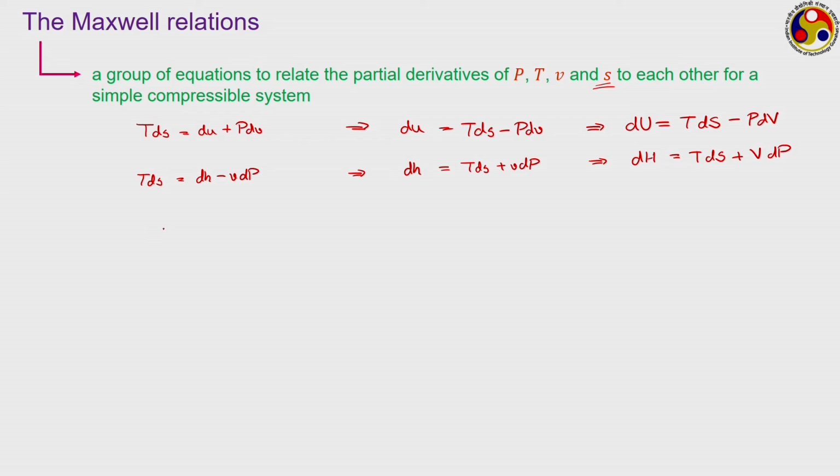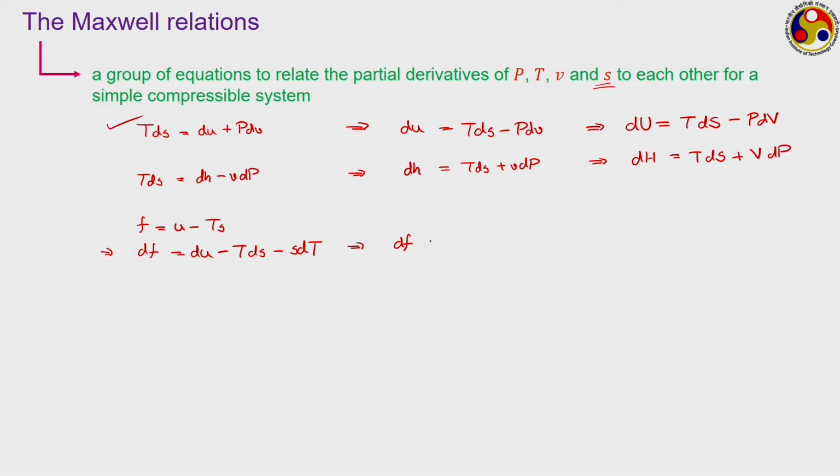Now, let me use the definition of the Helmholtz energy. What was your definition for Helmholtz energy? You had f equal to u minus Ts, that is df equal to du minus Tds minus s dT. Now, du minus Tds we can take from this equation. Actually, I am more comfortable writing this as A, but we are using F, so let me stick to that.